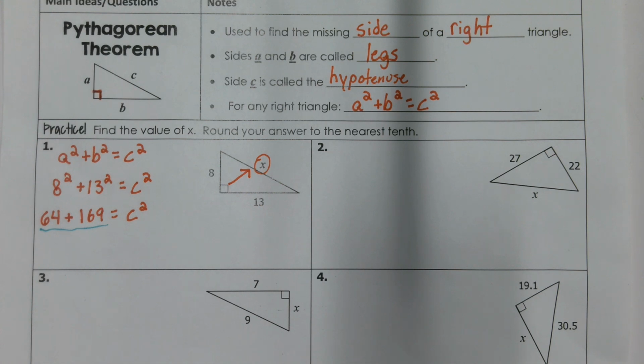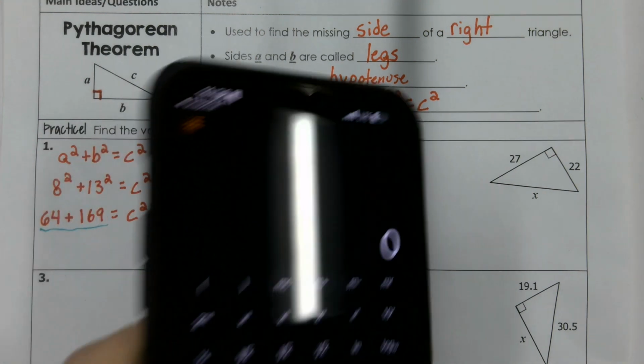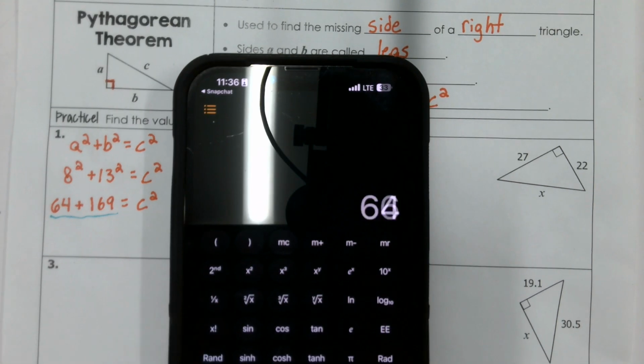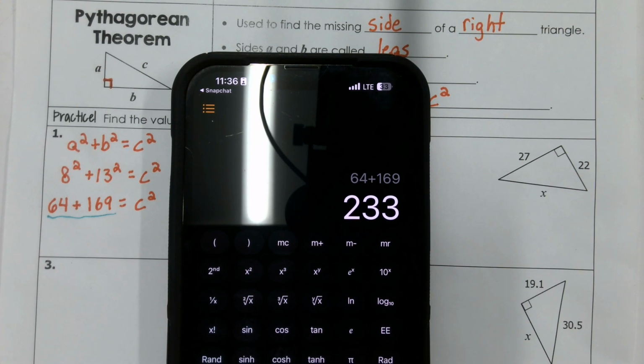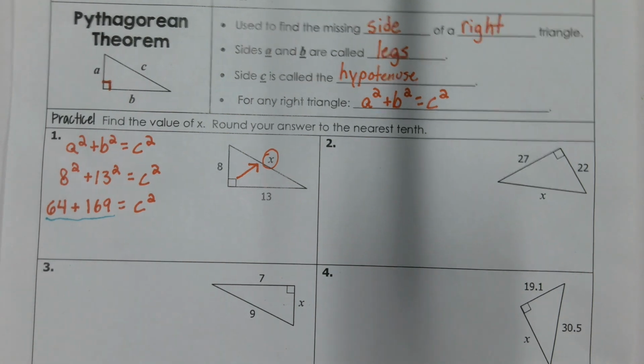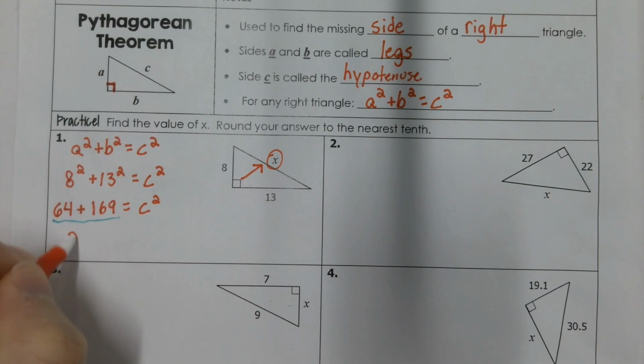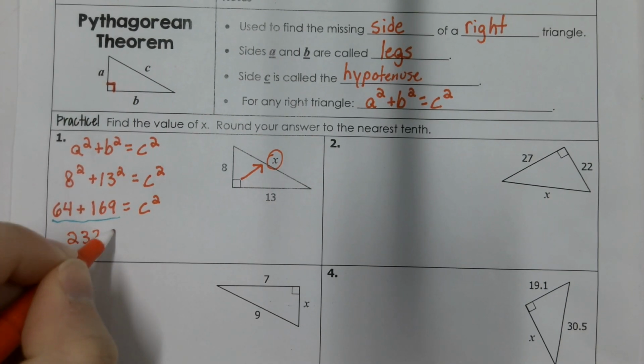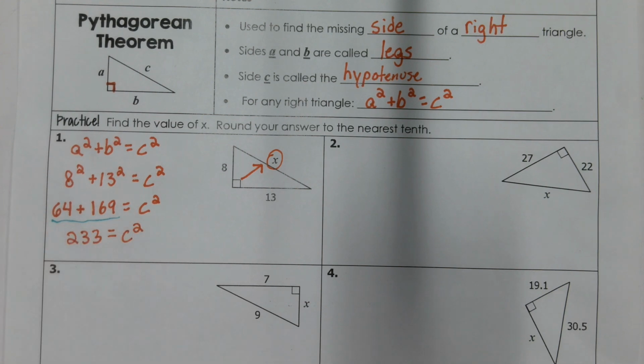And if we put that in a calculator, 64 plus 169, 233. And that equals C squared.